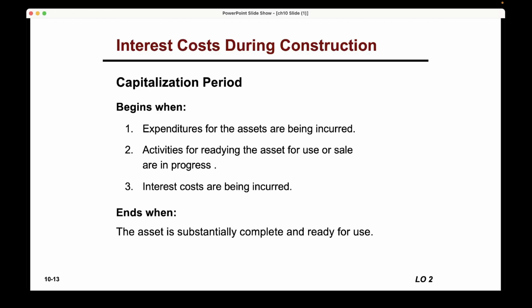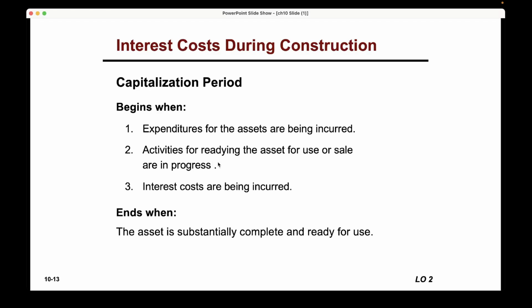So the first one here is expenditure for the asset are being incurred, and this refers to a situation when the company is spending money on the constructions or acquisitions of the asset. Example here is purchasing materials or paying for labor.